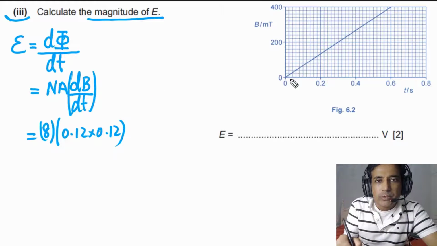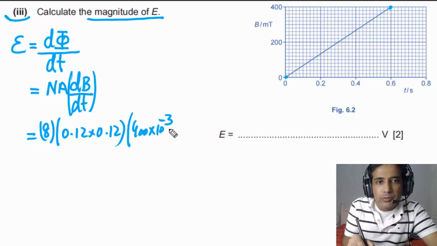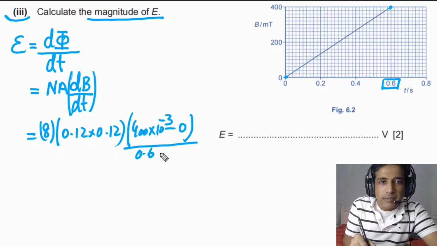Now we need to calculate the gradient. So we will take this point and this point. The value of B at time 0.6 is equal to 400 millitesla, so we multiply by 10 to the negative 3, minus 0, divided by the change in time, 0.60 minus 0.